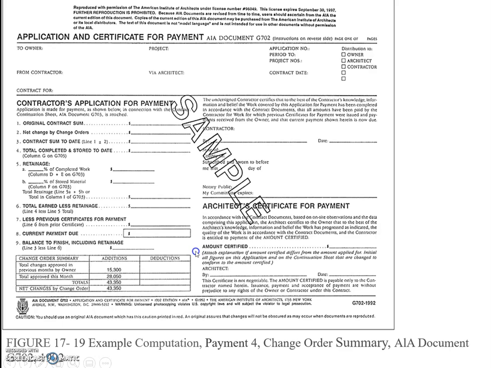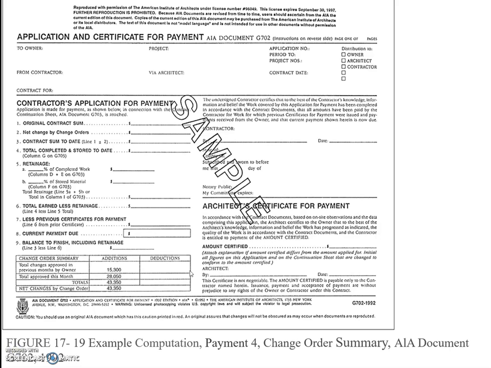And then this figure 17-19 illustrates the change order summary found on this previous form, the application and certification for payments, and change orders previously approved amount to an additional $16,300.